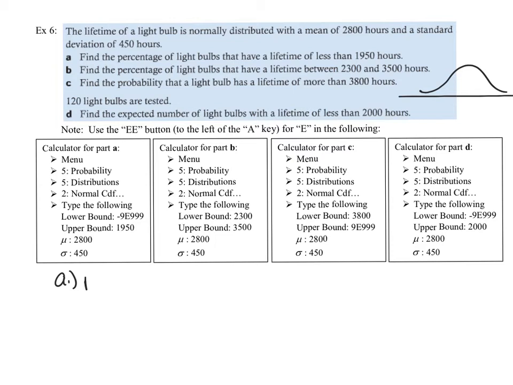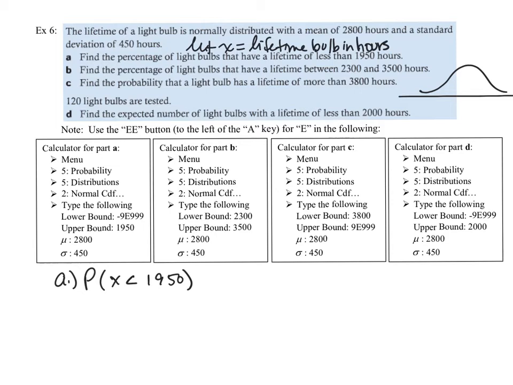So let's let X represent the lifetime of the bulb in hours. What we're being asked to find is the probability that X is less than 1,950.